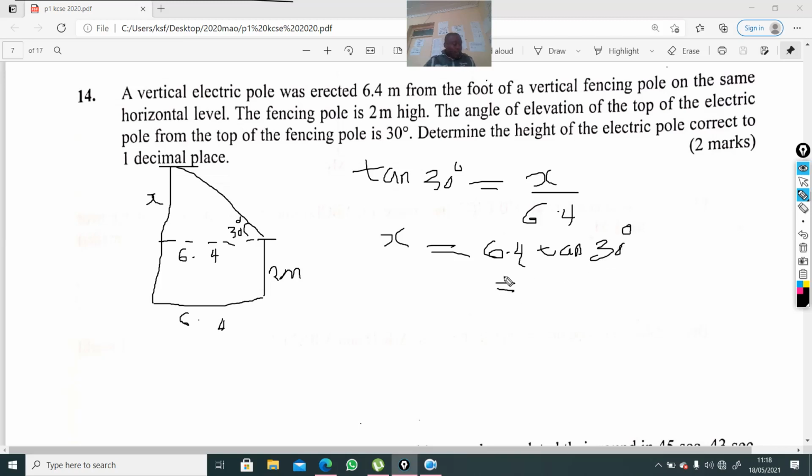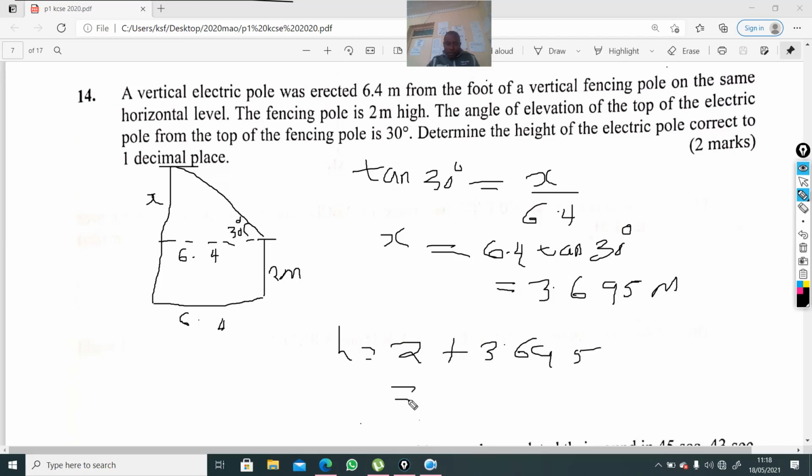.4 tan 30, you get it to be 3.695 meters. And then I'm told to find the height of the electric pole. So the height is 2 plus 3.695 to 1 decimal place.